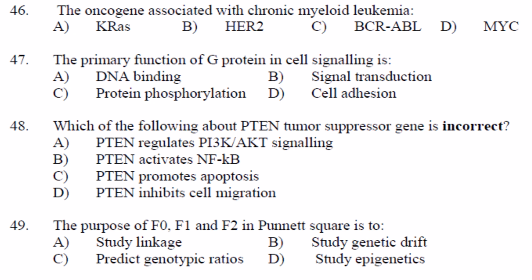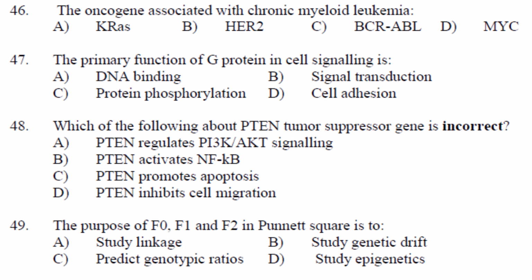Then next one, the oncogene associated with chronic myeloid leukemia. So chronic myeloid leukemia is a result of chromosomal translocation between the 9th and the 22nd chromosomes. And this results in a product that is the BCR-ABL fusion gene.